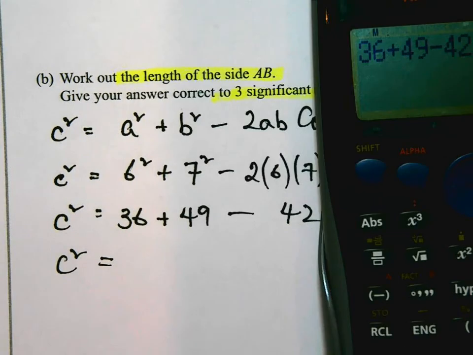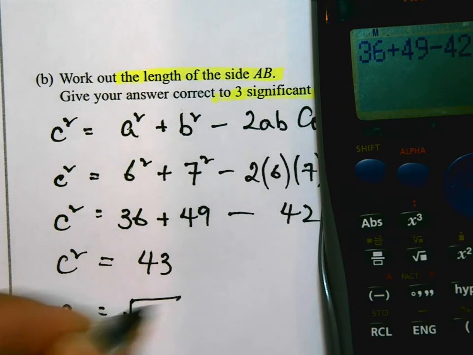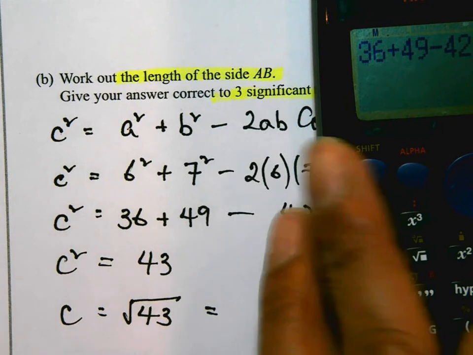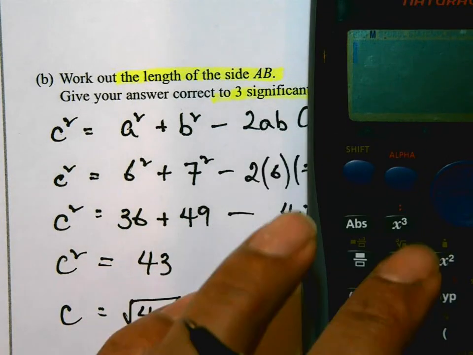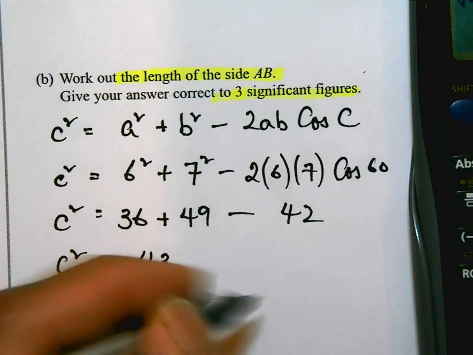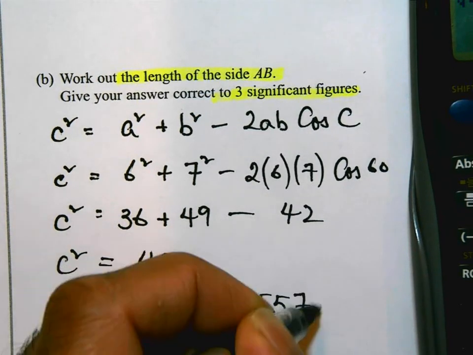So c is equal to the square root of 43. Square root 43 equals, and what I have is 6.5574, and it's going to just carry on.